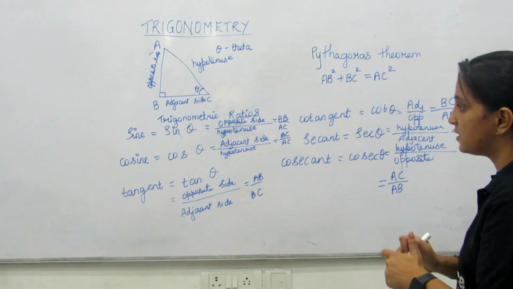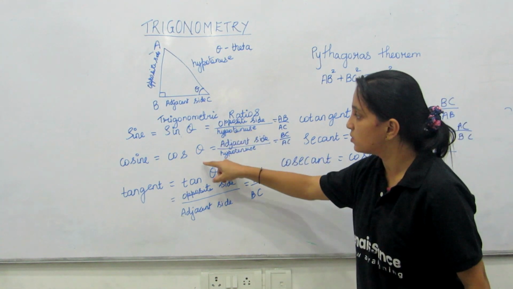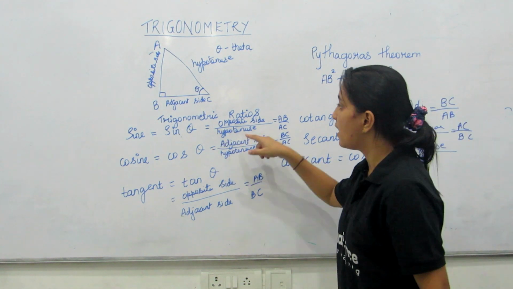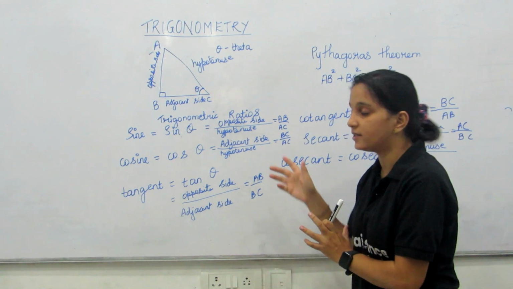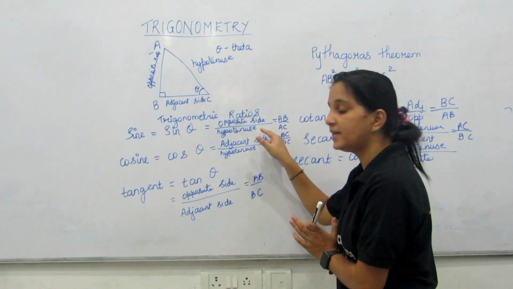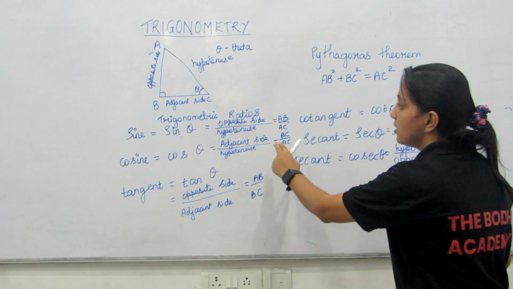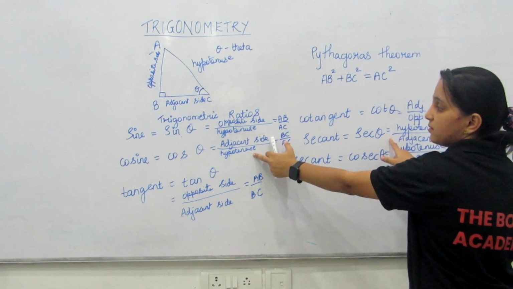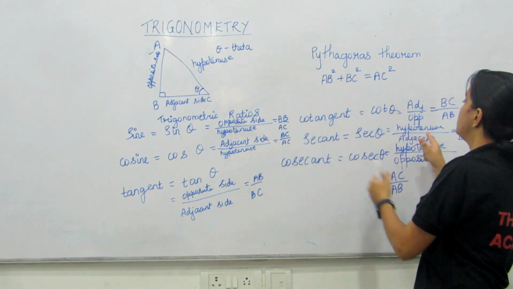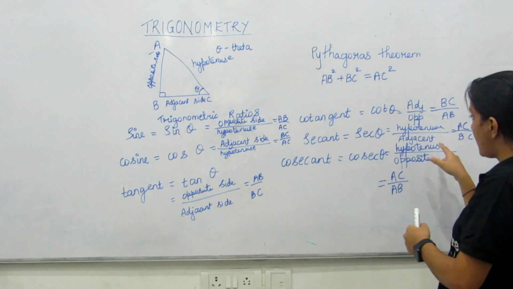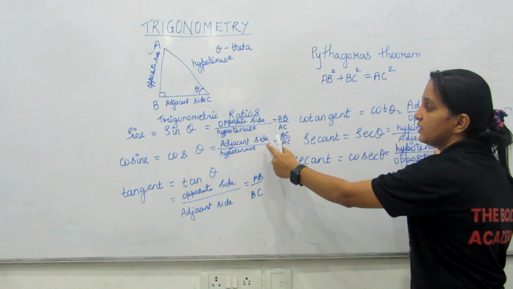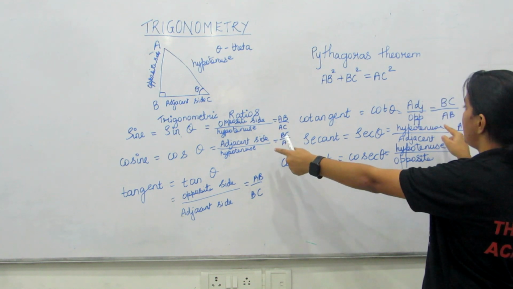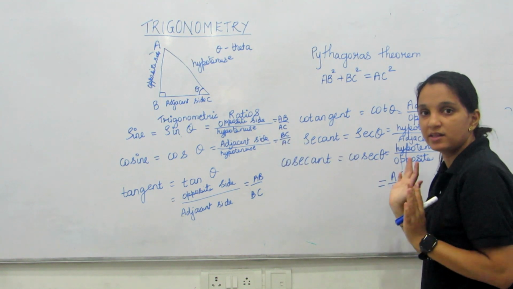Now you can notice here sin theta and cos theta are similar to each other. Opposite side and adjacent with hypotenuse is the same. Then cos and sec are similar, like hypotenuse you have to take in the denominator for one and adjacent side in the denominator for the other.